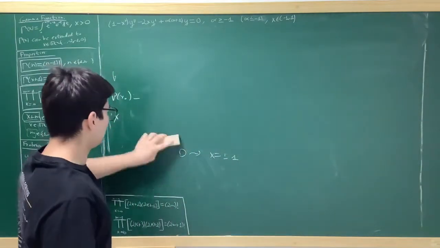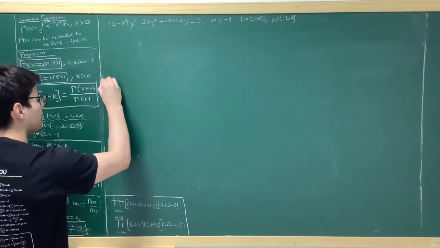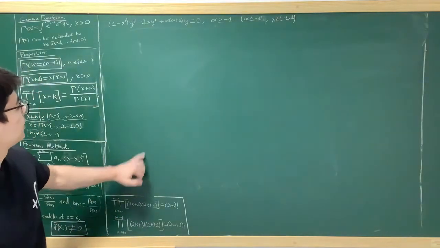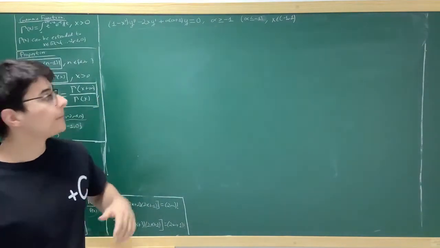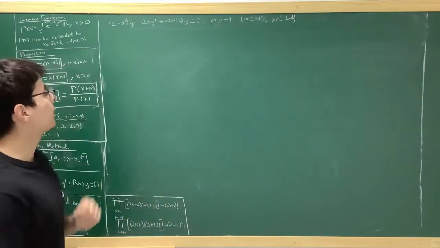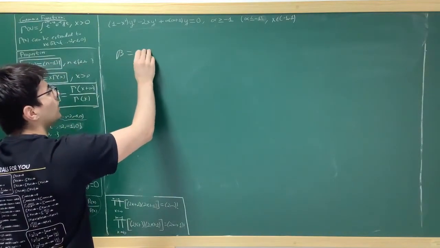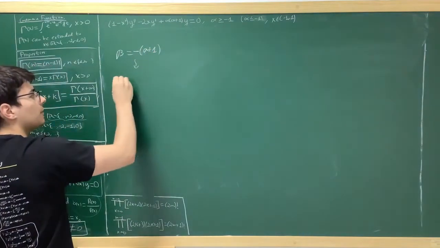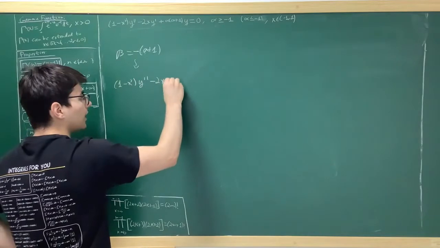So let me just real quick, before actually starting to solve this equation, we need to talk about alpha. Alpha is the parameter in this differential equation. So this differential equation is defined with a parameter. And notice that this parameter is greater or equal than -1. We have chosen it like that. But by making the change of variables, beta equals minus alpha plus 1, the differential equation becomes 1 minus x squared y double prime minus 2x y prime.